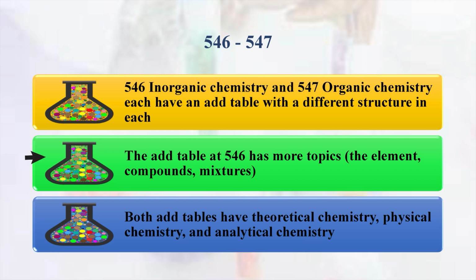The added table or extended subdivision under 546 has more topics than 547. The topics under 546 cover the elements, compounds, mixtures, etc. of different inorganic material. As for similarities, in both tables there are theoretical chemistry, physical chemistry and analytical chemistry.